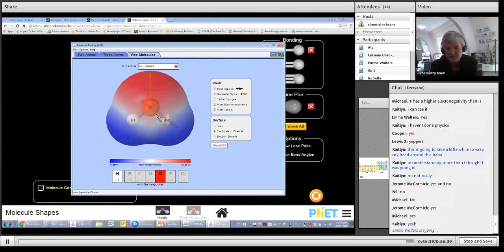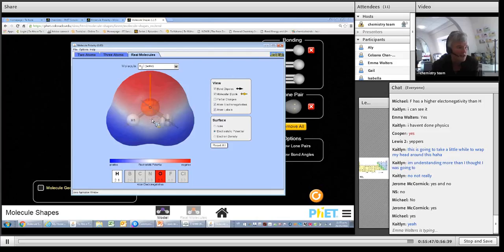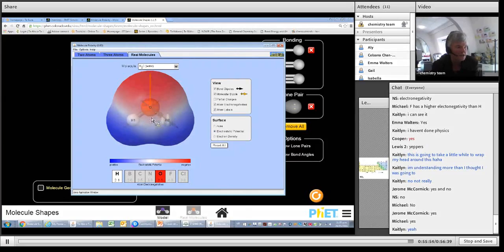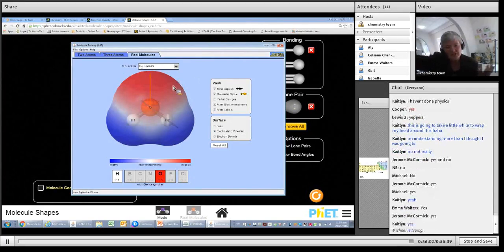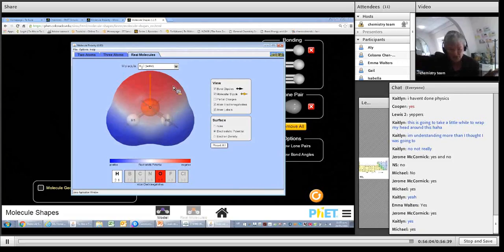Okay, so let's take oxygen, because oxygen is the central atom. If I cut through this oxygen down the middle, right exactly halfway between this OH bond and that OH bond, do you all agree that this left half looks exactly the same as the right-hand side? So it's got a plane of symmetry. So yes, it looks symmetrical.